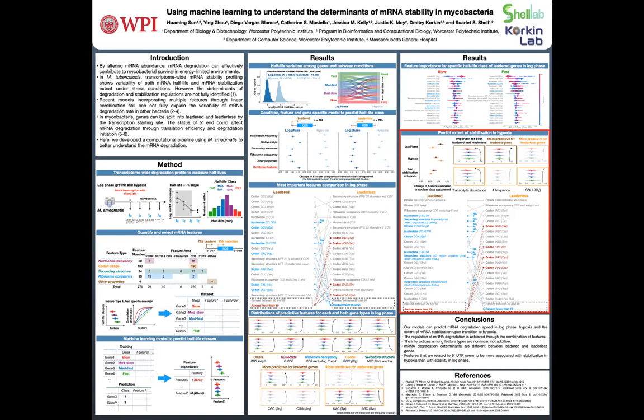Overall, we are able to develop machine learning models to predict messenger RNA degradation rate and the extent of messenger RNA stabilization upon transition to hypoxia condition, which could further provide insights on how mycobacteria survive stressful environments through a refined understanding of the complex regulation mechanism of messenger RNA stability.